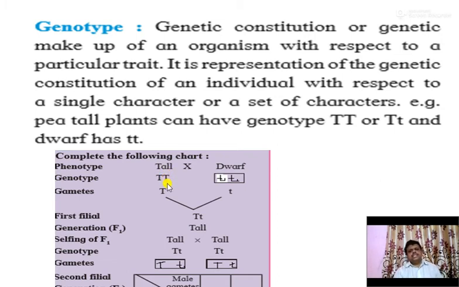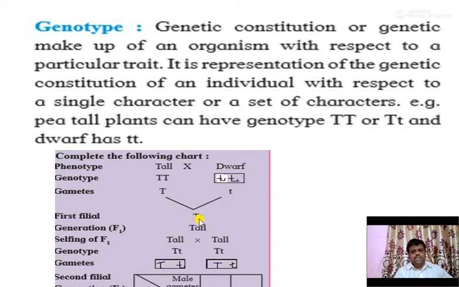Now the second term is heterozygous. This heterozygous is totally opposite to homozygous. Heterozygous means it is an individual possessing dissimilar alleles for a particular trait. Now this particular F1 generation plant is tall, but it is heterozygous tall because this plant possesses two different types of alleles.